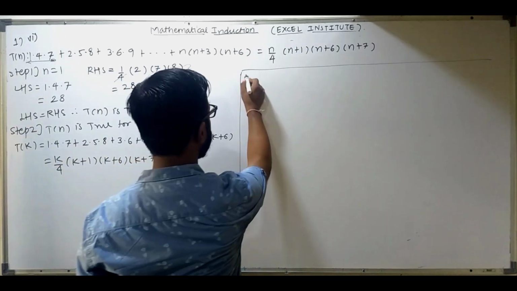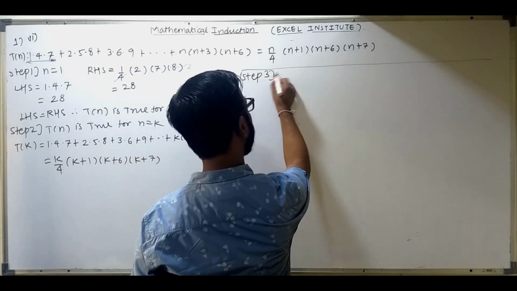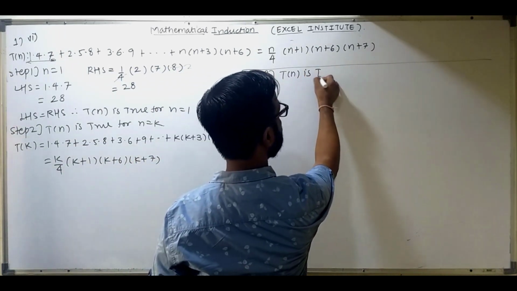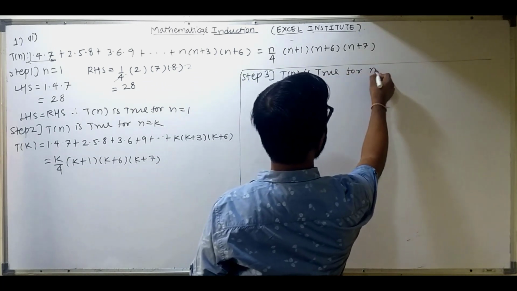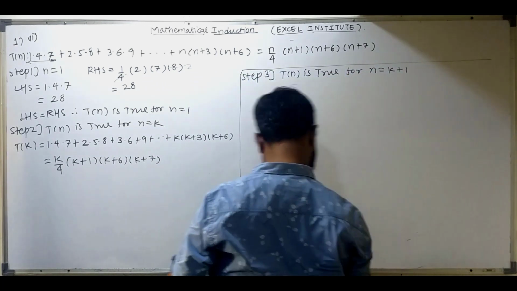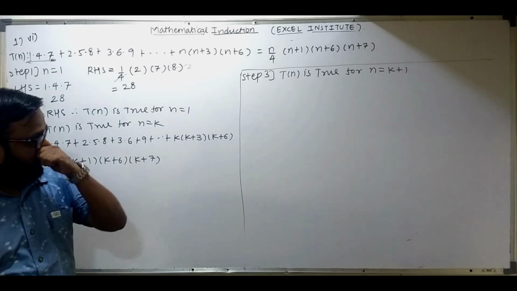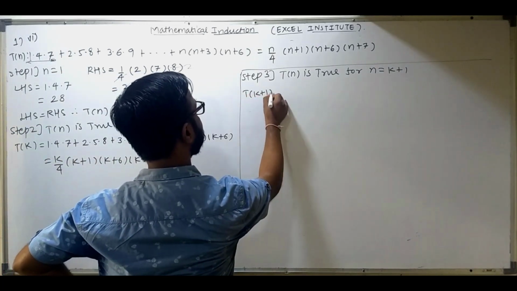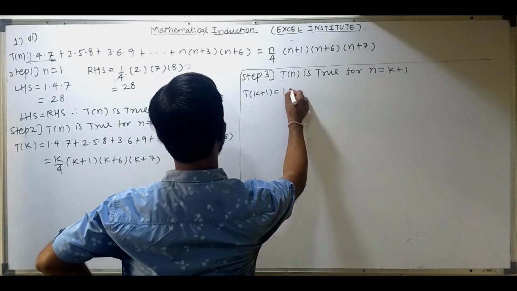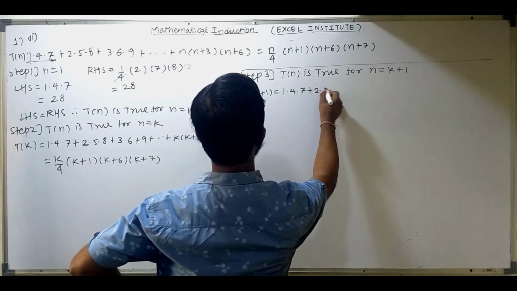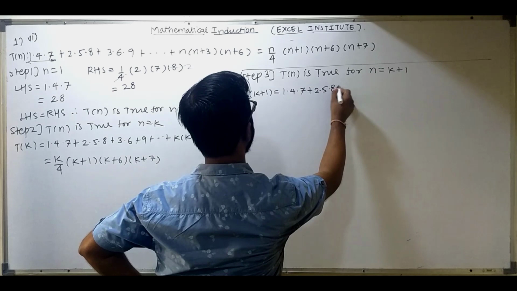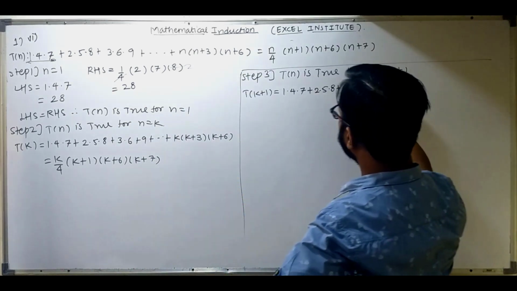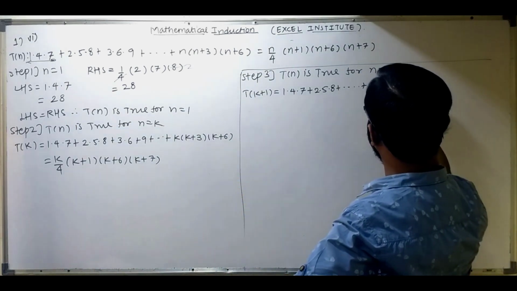Now step 3. Step 3: we will prove that T of n is true for n equal to k plus 1. So now replace n by k plus 1. This is 1 into 4 into 7, 2 into 5 into 8, like this up to k plus 3, k plus 6.